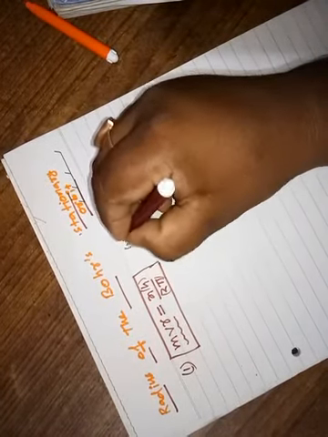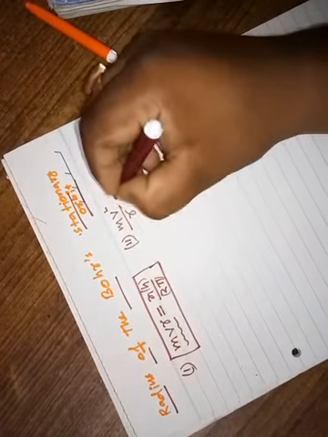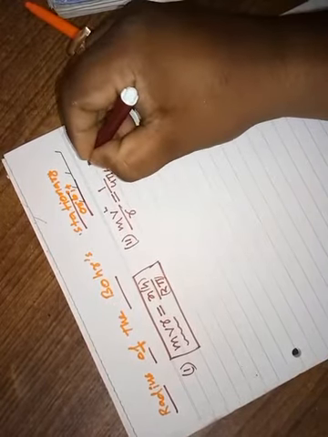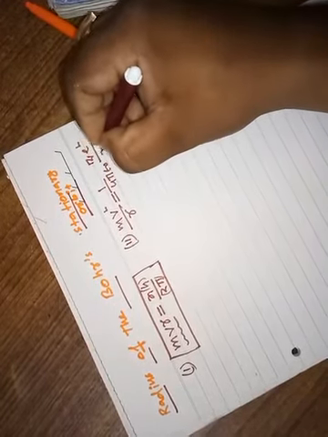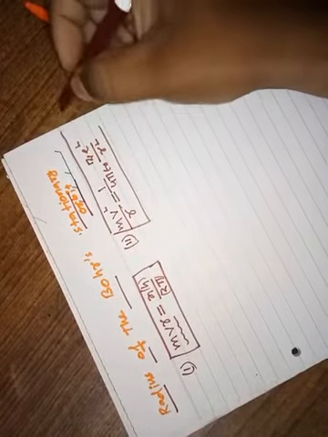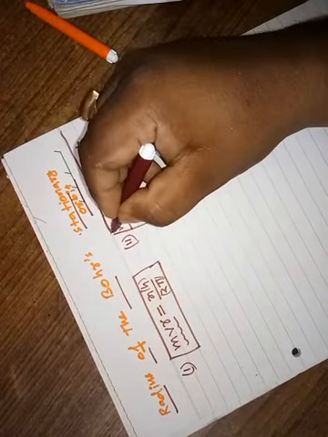And what is the next key formula we have? That is mv²/r = (1/4πε₀) Ze²/r². What is this formula? This formula is nothing but the centripetal force.